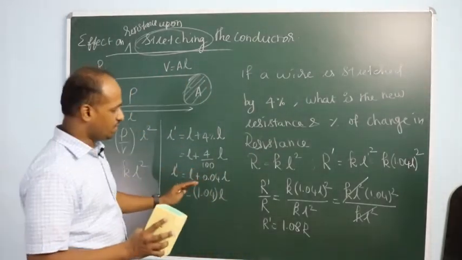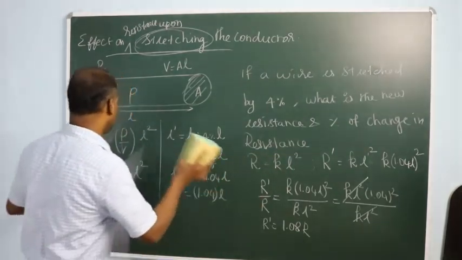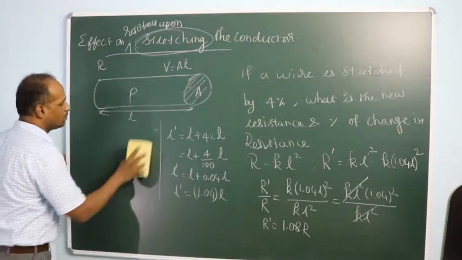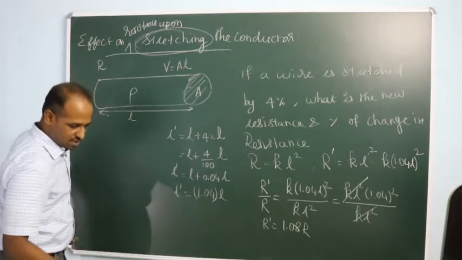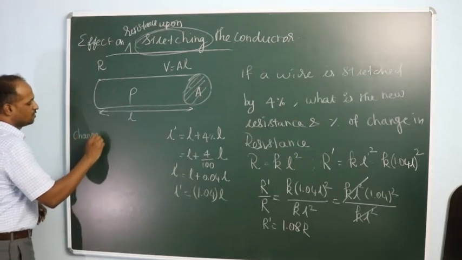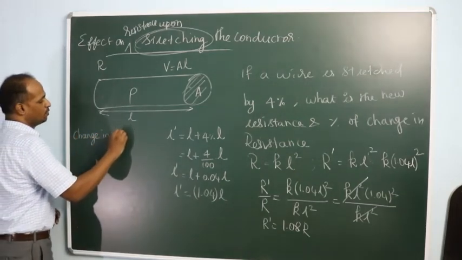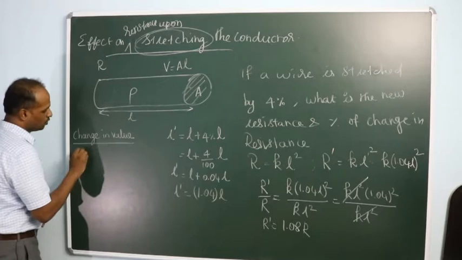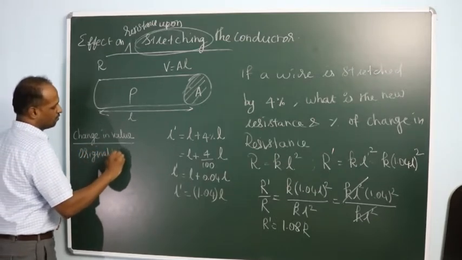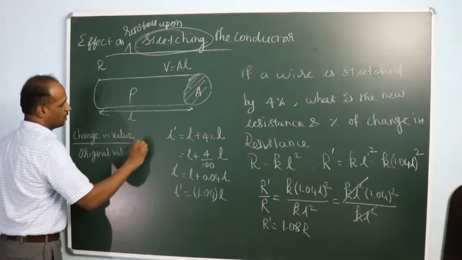You need to understand what it literally means. So far I hope you have understood. So what is percentage of change in any value? The percentage of change in any value is change in value by original value into 100.